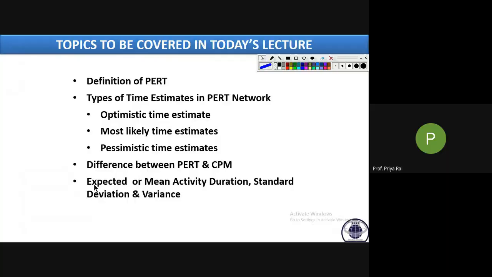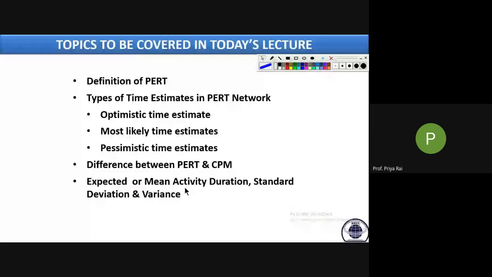So the time duration in the PERT analysis is basically the average or mean duration value, whereas in CPM there will be only one fixed value. This is an arrow. This letter A is nothing but the denotation for this arrow.